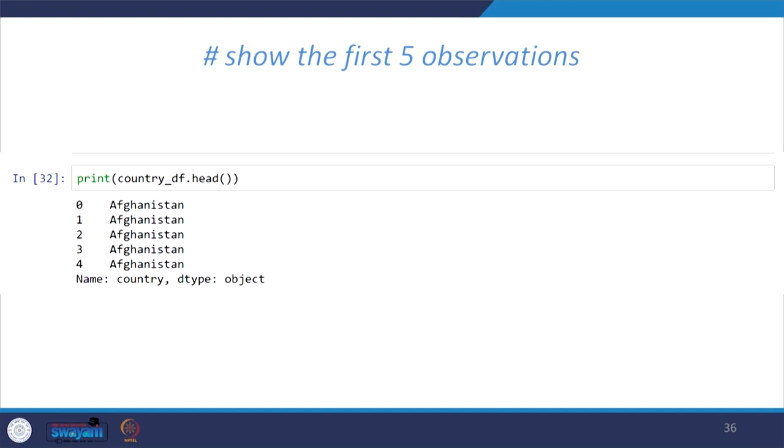Suppose in the country column I want to see the first 5 rows. You type print, open parenthesis, country_df.head, and that shows the first 5 rows.